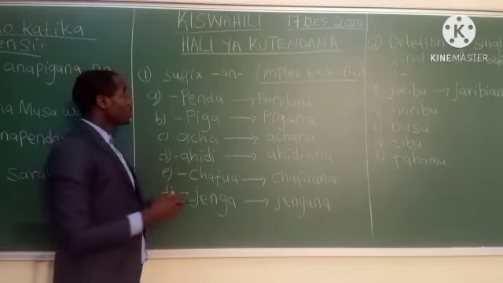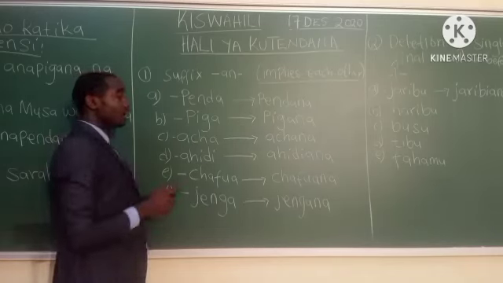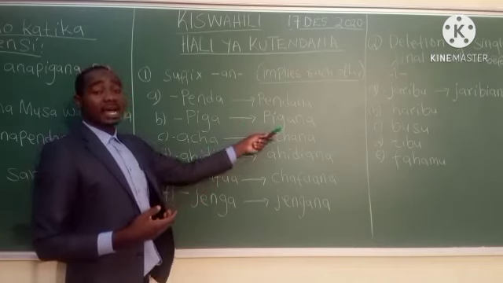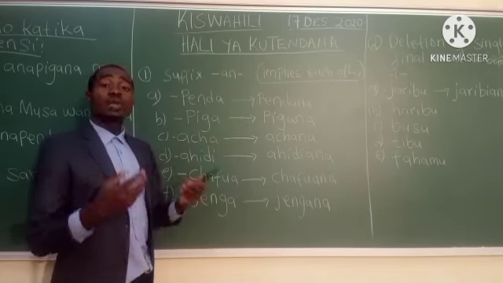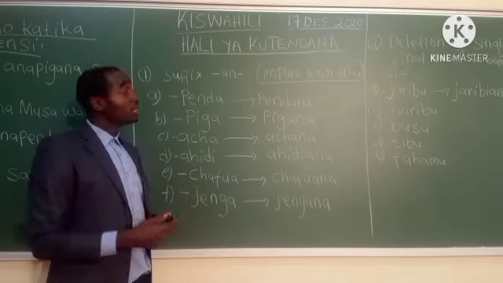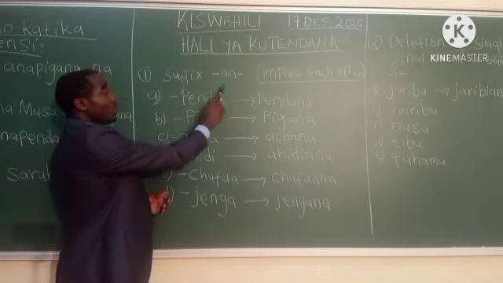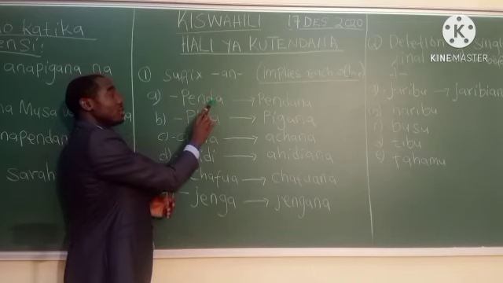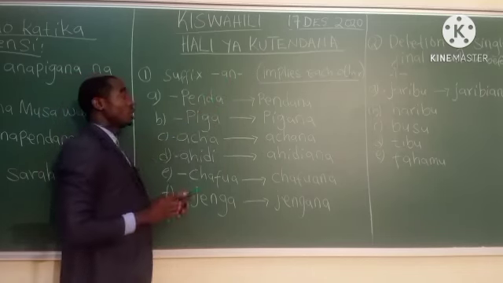So we have here piga, to hit or to beat, pigana, to beat each other or to hit each other. That is fighting, you see. You know where we are putting this one? We are putting this extension between this and the last vowel here.